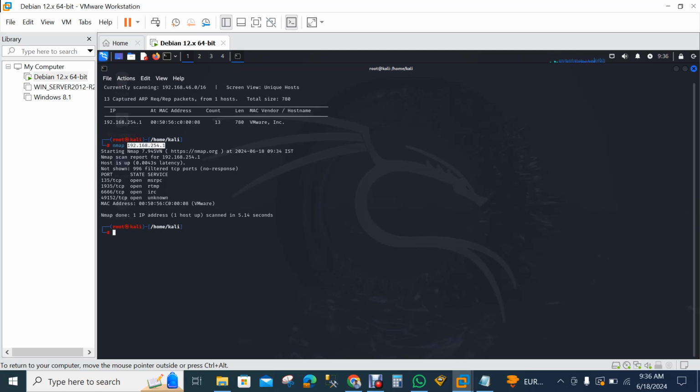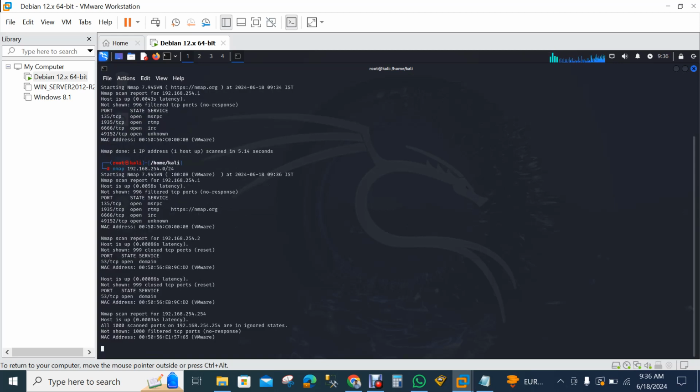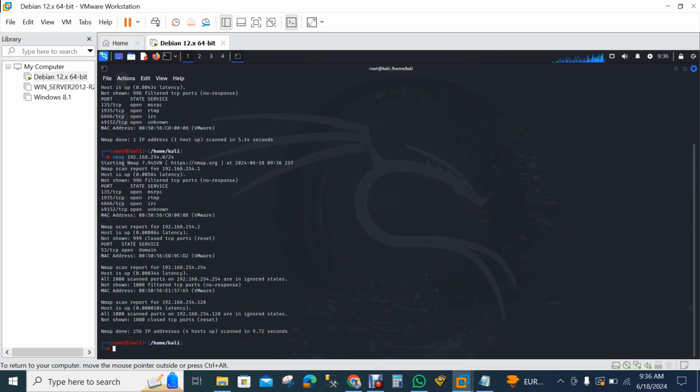So if I write nmap 192.168.254 like this way, then it will help us find all networks on our system with their vulnerabilities. It will take a little bit of time.